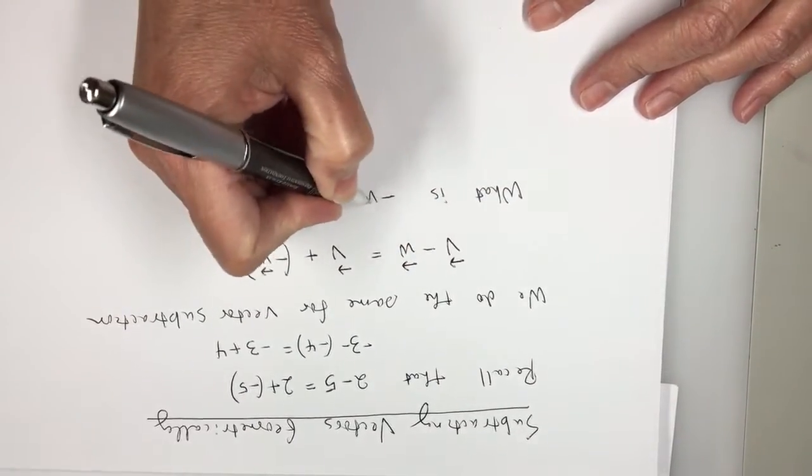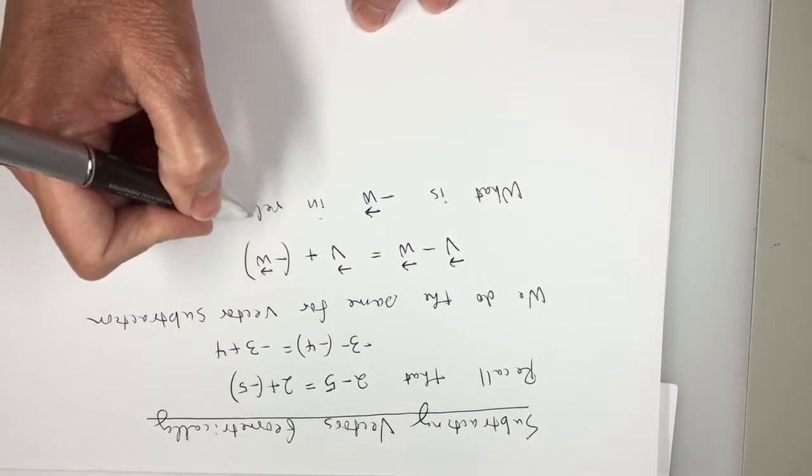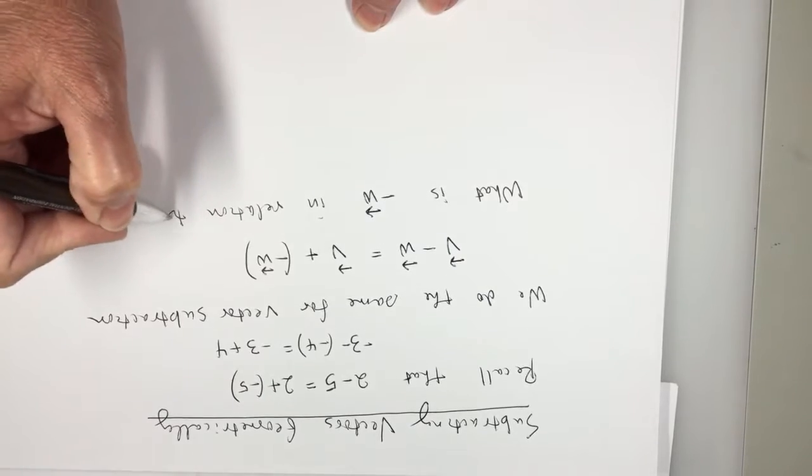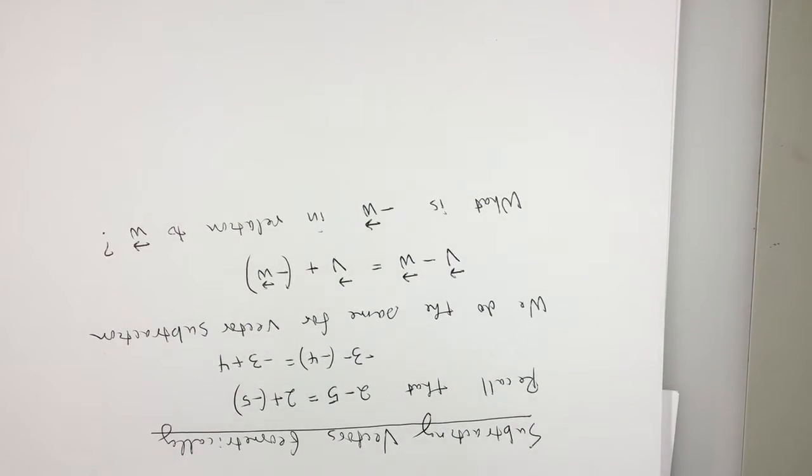What is negative vector W in relation to W? There you go. I like the way you said that.